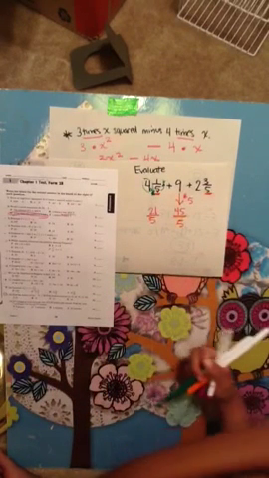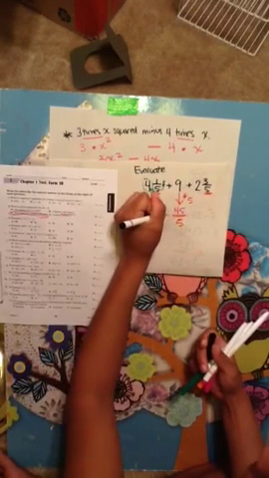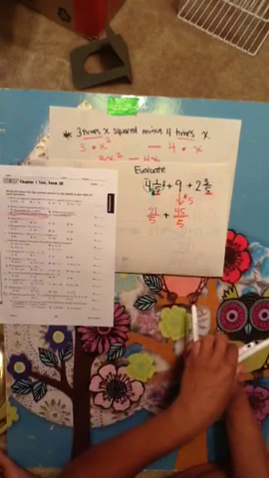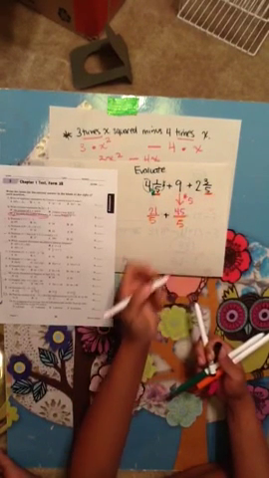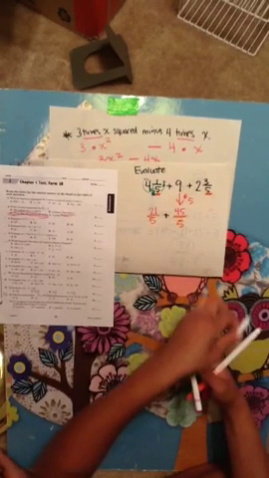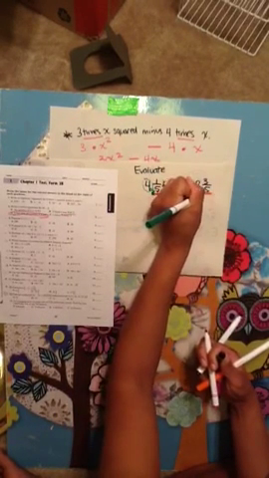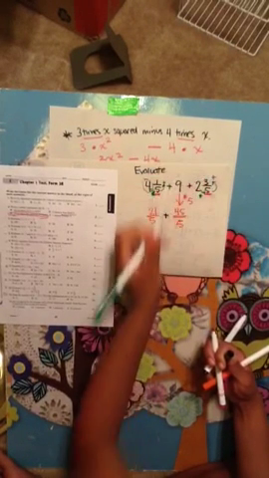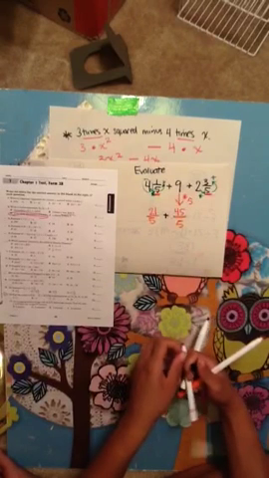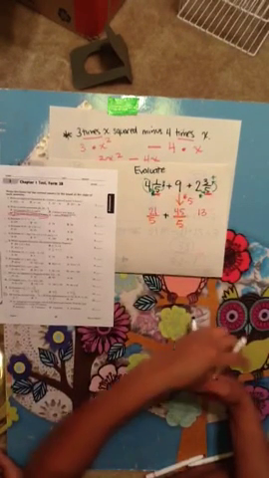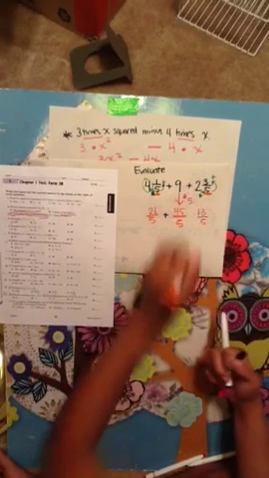Okay, same thing with 2 3/5. We want to take our 2 times 5, which is going to be 10, plus 3. It's going to be 13 over 5.